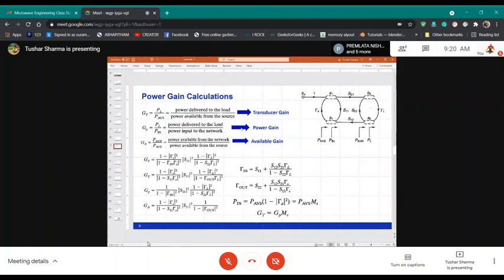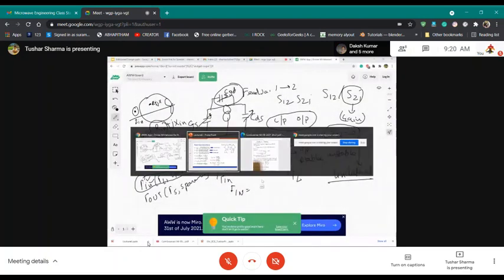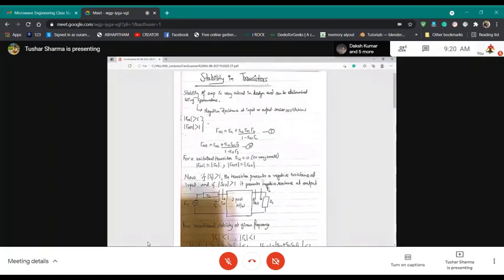This term will become 0. If gamma S is equal to 0, then this term will become 0. So in that case, my gamma in will be just a function of S11. So gamma in is this, gamma out is this. So now what will happen is that if your transistor is unilateral, your gamma in will be equal to S11 and gamma out will be equal to S22.